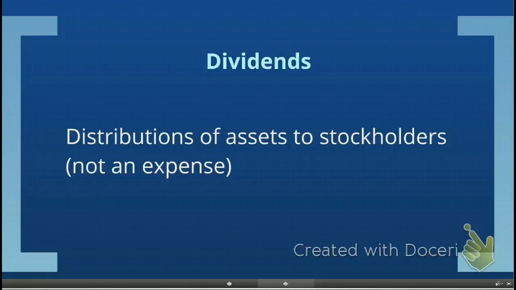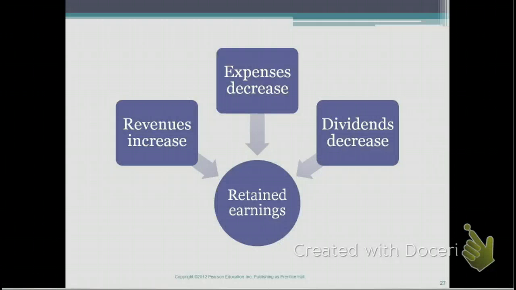Every year, Walmart will pay you about $1 or $2 per share you own as a return on your investments. That cash Walmart will pay their shareholders every year is called a dividend, and dividends are a component of retained earnings. How do revenues, expenses, and dividends affect retained earnings?